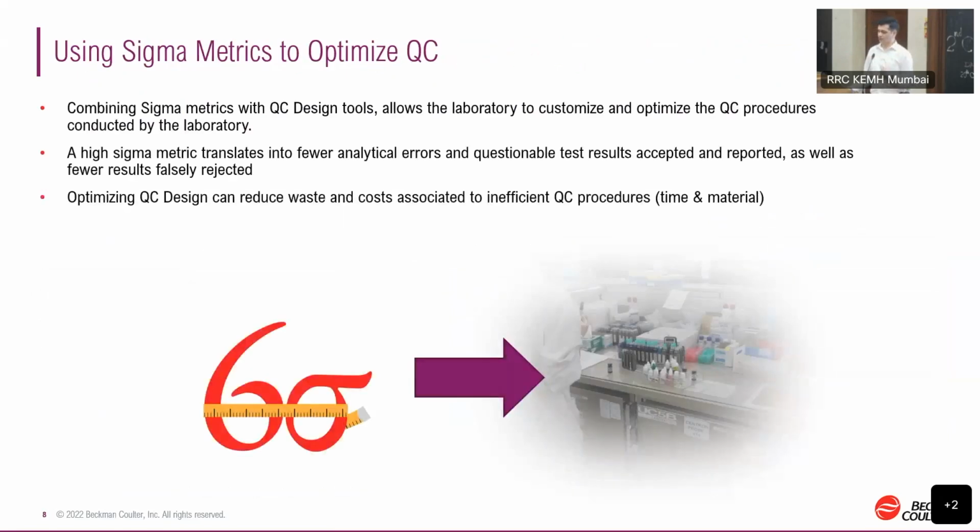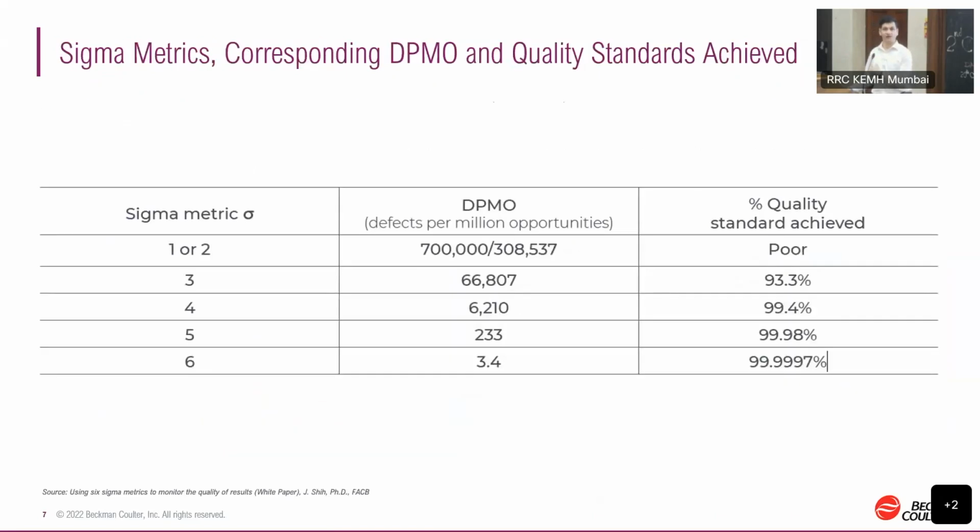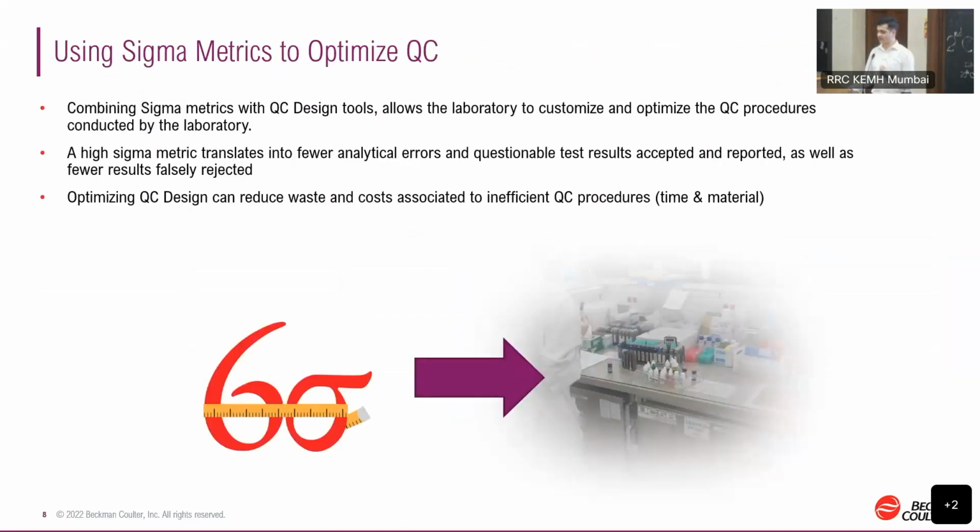Then how can we use these sigma metrics, which we are talking about, 1, 2, 3, 4, 5, 6, in quality control or optimizing QC? In clinical laboratories, determination of the sigma metric of an assay or instrument provides a quantitative assessment of the instrument.